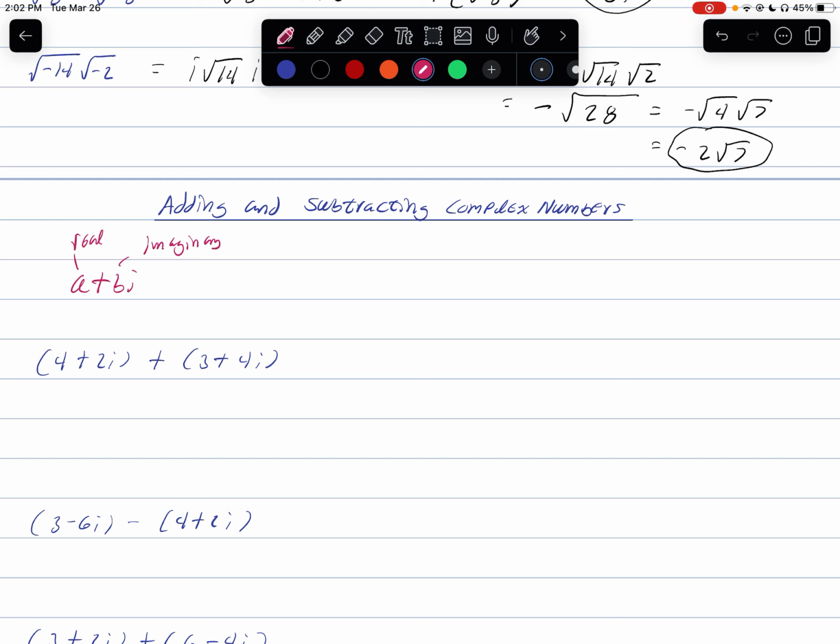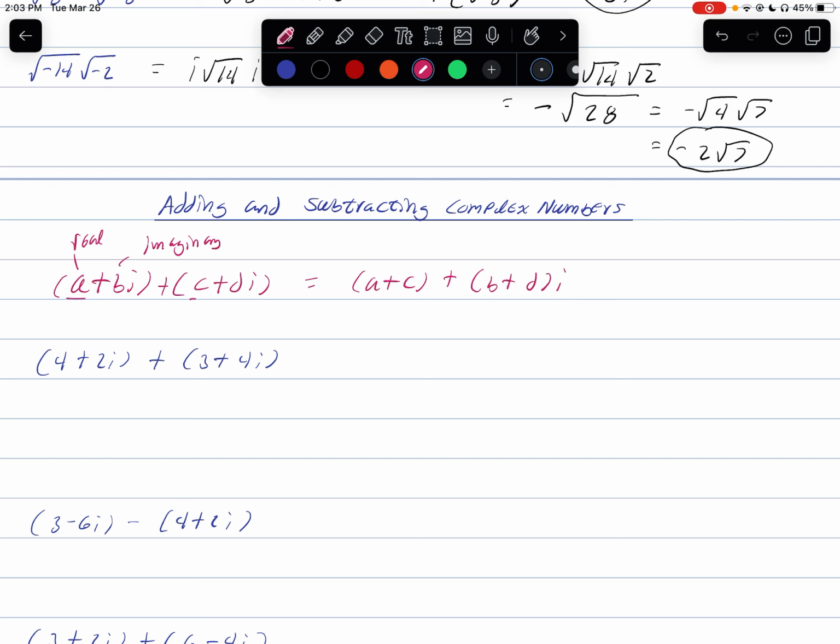What you're going to do is add the real parts together and add the imaginary parts together. So how this would look is we're going to write this as a plus c plus b plus d times i. Okay, so this is how addition works with complex numbers.